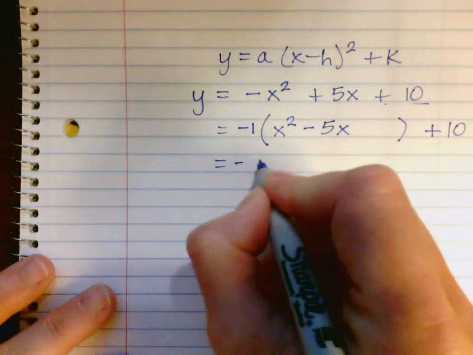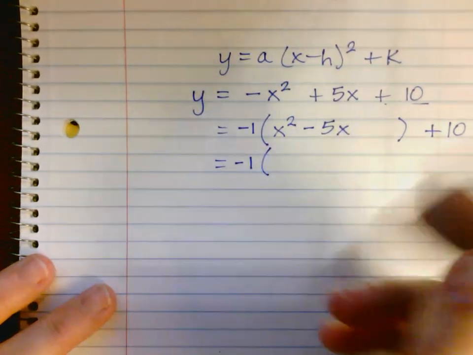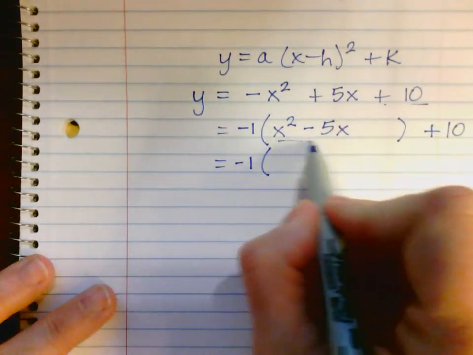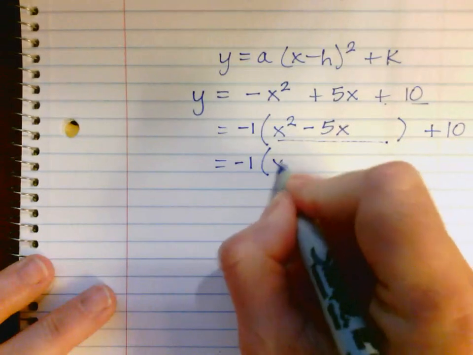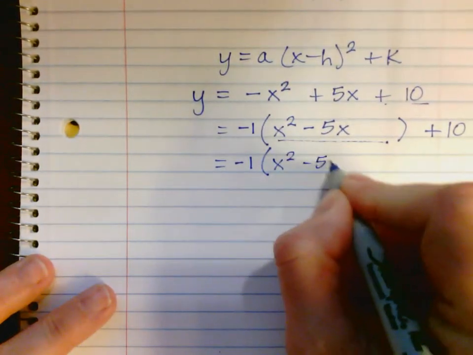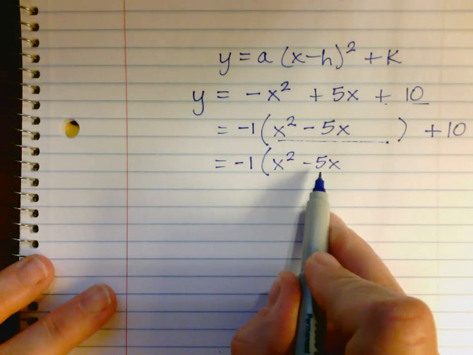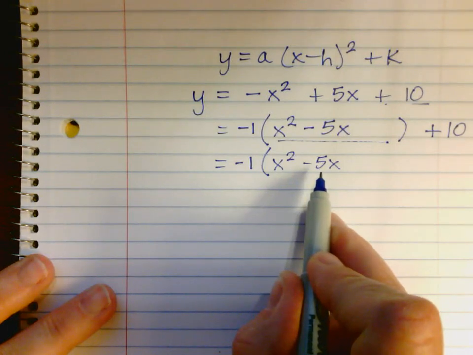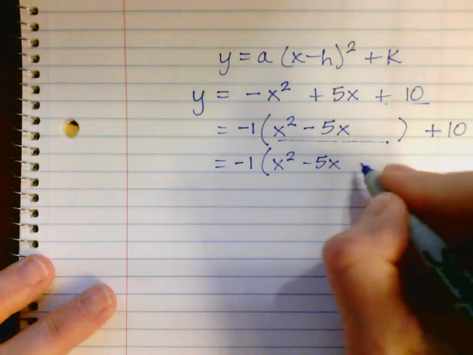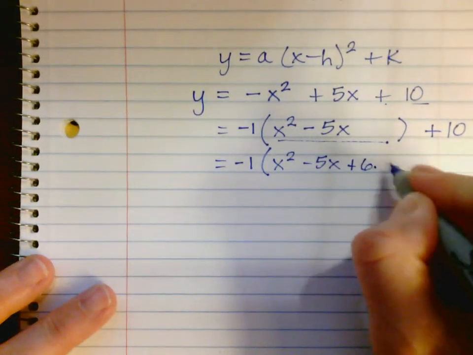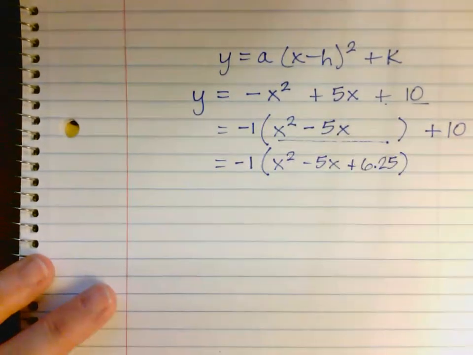My next step in the process is to complete this square. So I'm going to take half of negative 5, which is negative 2.5. And then I'm going to square it, which would give me positive 6.25.